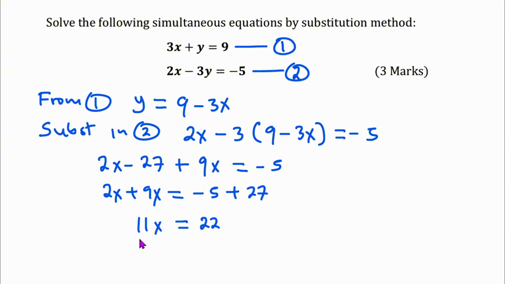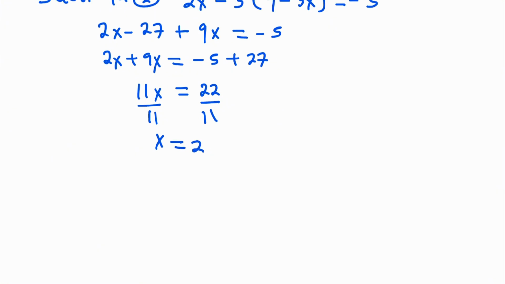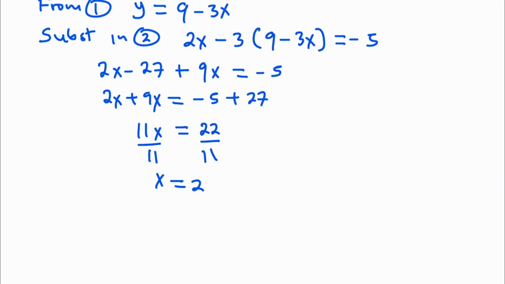So we divide both sides of the equation by 11 so that we get the value of x. So our value of x is going to be 2. So now we remember the expression for finding y. We said that y is equal to 9 minus 3x, but we now have the value of x.